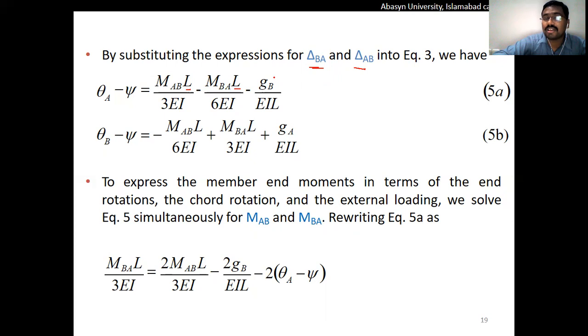In the case of applied loading, as there is no length in the numerator, the length will come into the denominator due to equation 3. The same procedure applies at the other end, point B.